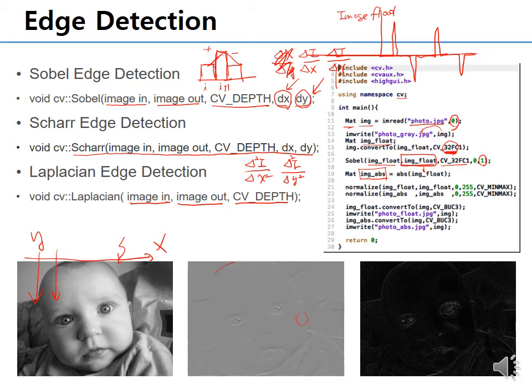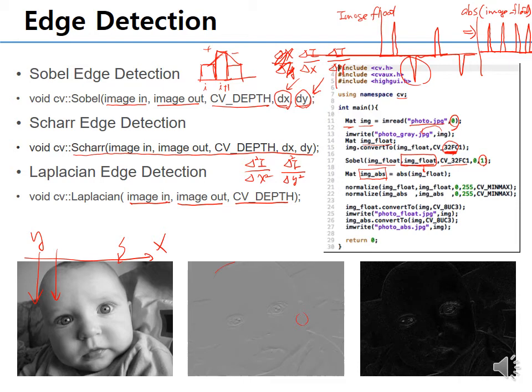By taking the absolute of the image float, the plus remains the same, but the minus part becomes plus. So this is the abs image float.